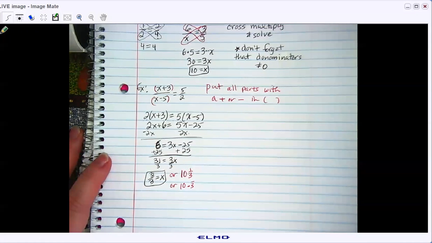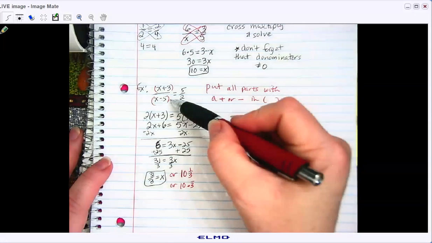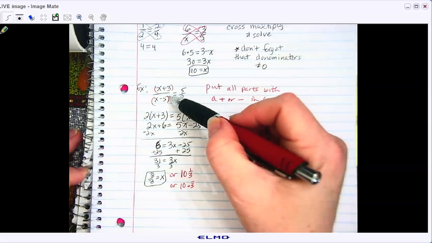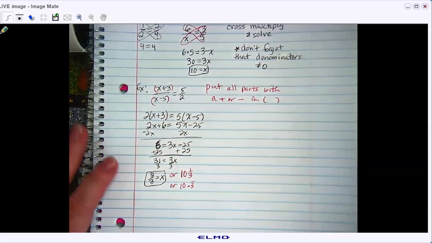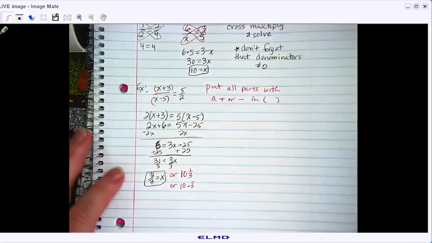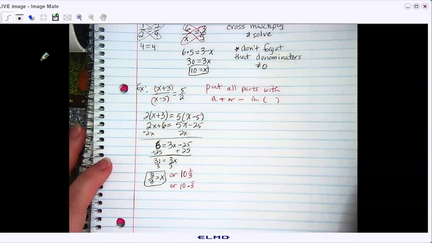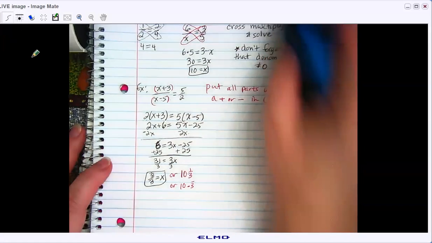Okay, so notice this for a second. What is the value that's going to make this denominator of x minus 5 equal to 0? What's the value that's going to make x minus 5 equal to 0? Any ideas? You can put it in a chat box if you prefer.